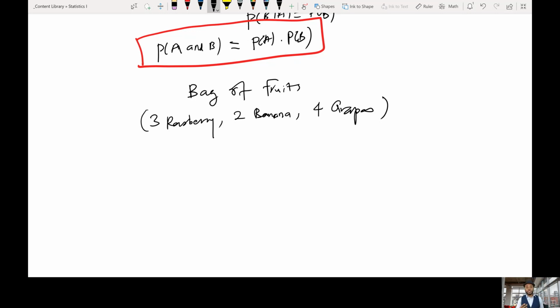Now, let's do some computation. Let's solve some probability problems. So what's the probability that I drew a grape and then drew a banana from my bag?